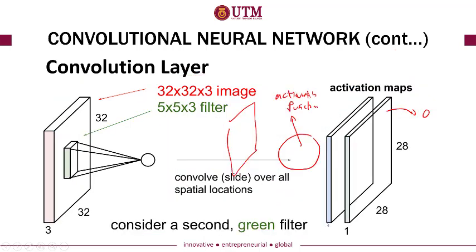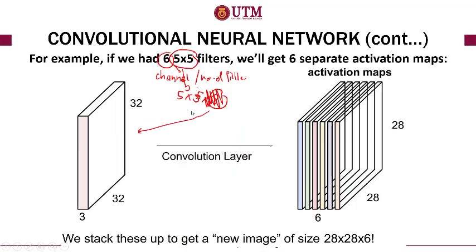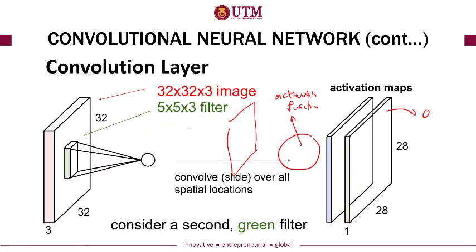Okay, let's imagine if you have a second filter, the green one, then you produce another layer. So this is only for the second. How about 10 filters of 5 times 5 times 3? So you will end up with 28 times 28, in this case 28 times 28 times 10.